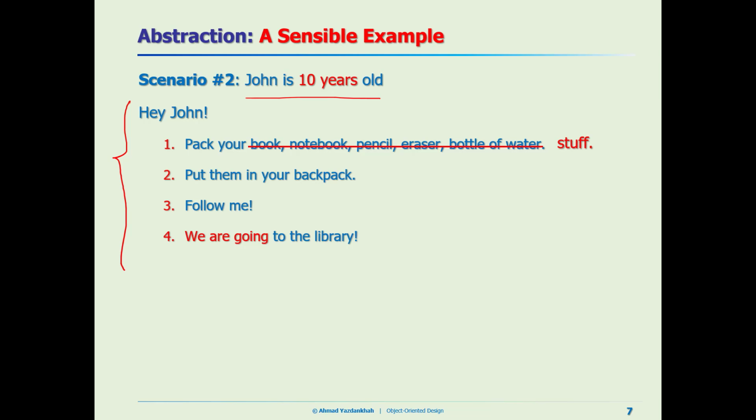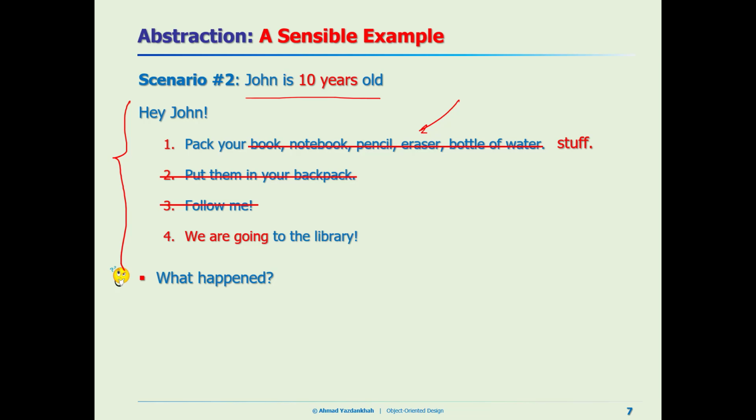And we would say, hey, John, pack your stuff. And we don't even need to say put them in your backpack because it can be implied from the first one. And we don't even need to say follow me. We are going to the library. That's it.